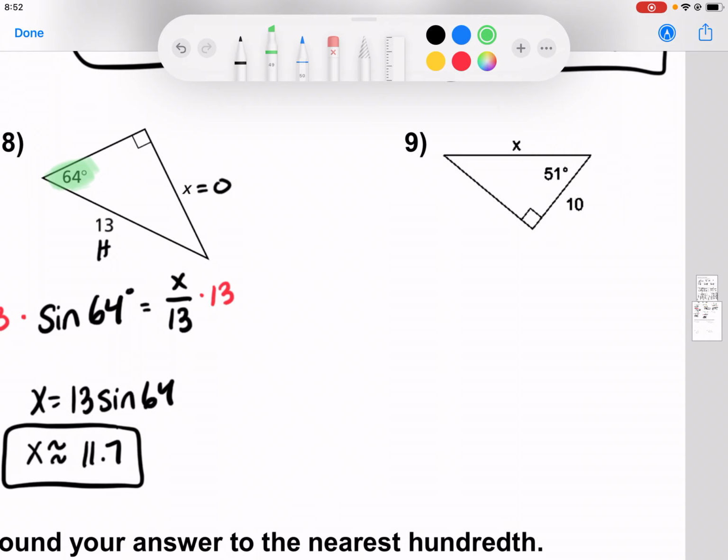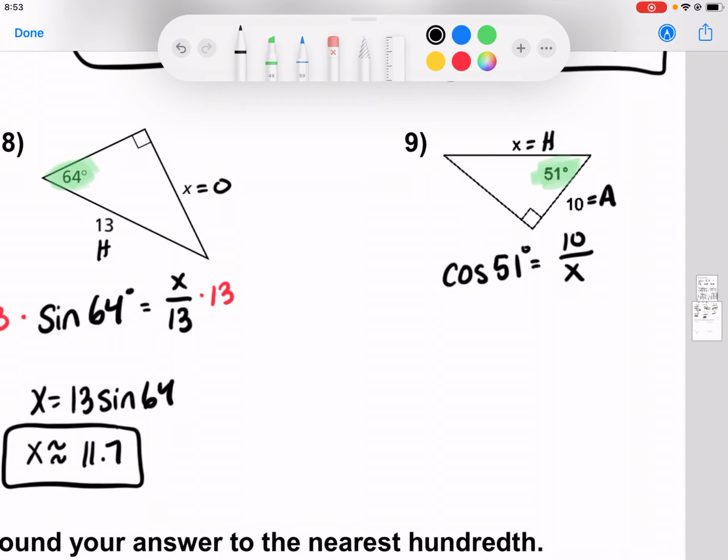Okay, last one of this section. We've got 51 degrees. That means 10 is adjacent to that, because that's one of the legs, and x is the hypotenuse. So we have adjacent and hypotenuse, so this is cosine. Cosine of 51 degrees is equal to our adjacent over our hypotenuse.